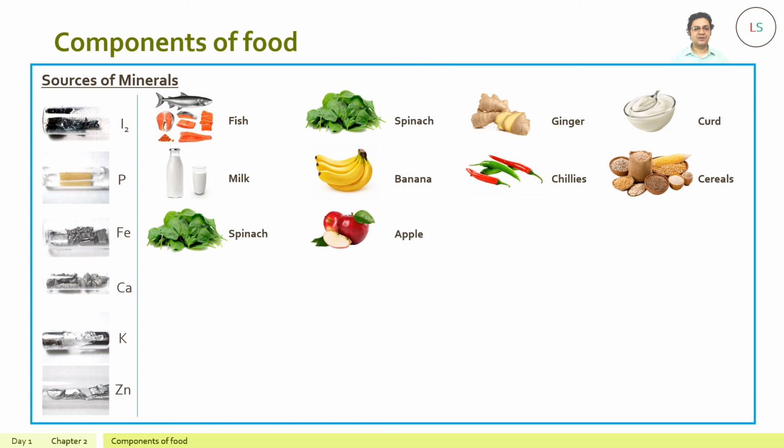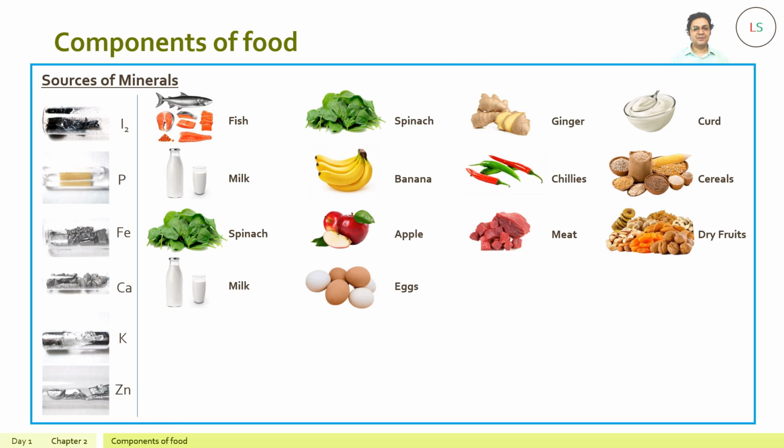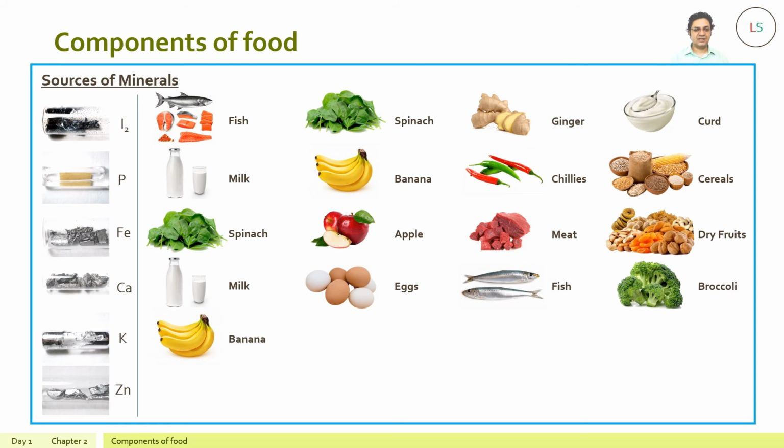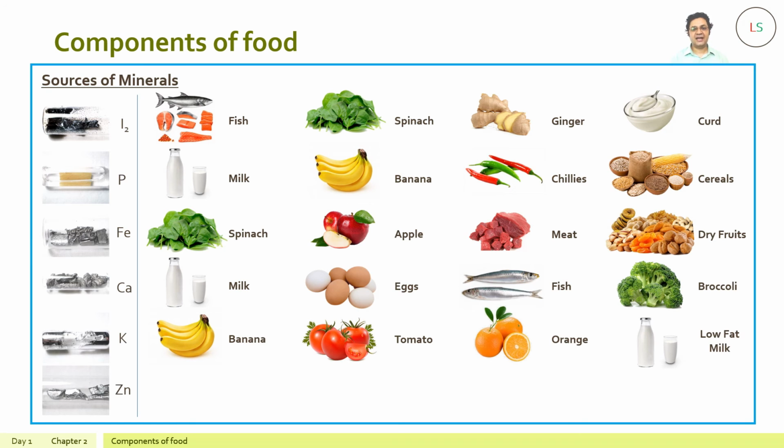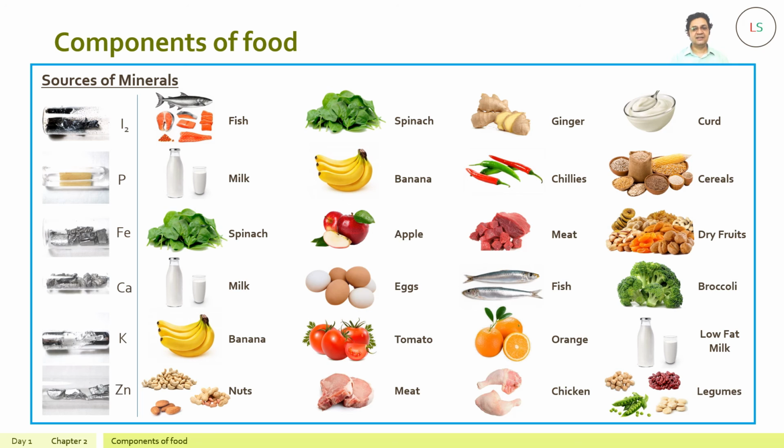Iron is obtained from spinach, apple, meat and dry fruits. Calcium is obtained from milk, eggs, fish and broccoli. Potassium is obtained from banana, tomato, orange and low-fat milk, whereas zinc is obtained from nuts, lean meat, that means the meat which is less in fat, chicken and legumes.